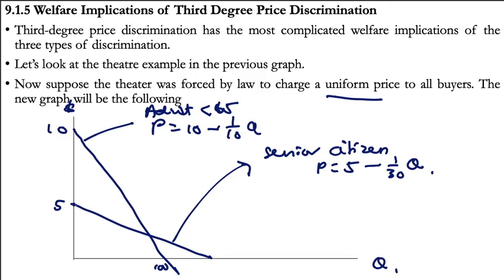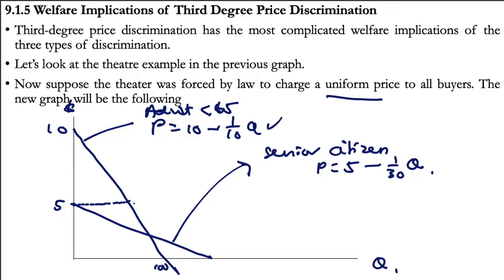So the combination of both demand curves should start at a price of 5 until a price of 0, not between 5 and 10, because between 5 and 10, no senior citizens demand any movie theater ticket. So from a price between 5 and 10, the combined demand curve is the adult demand curve for those less than 65, which is this one.